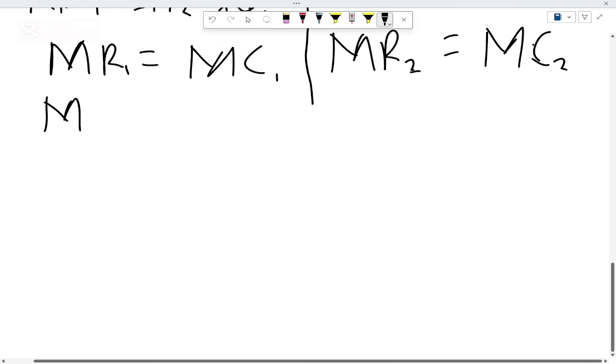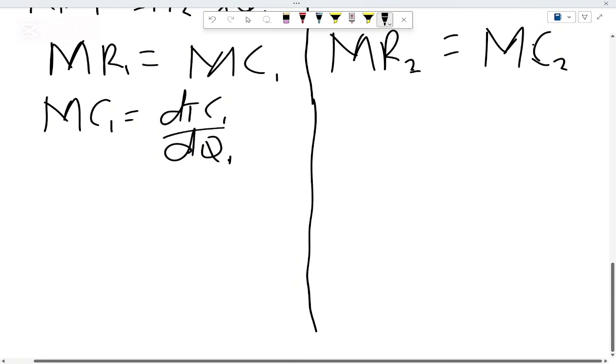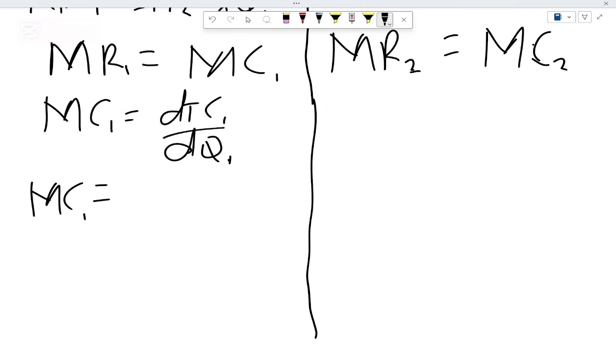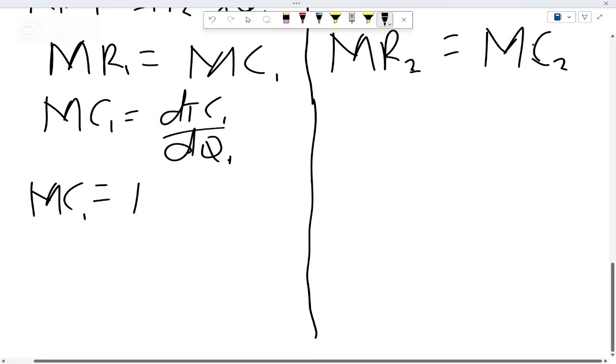So for the first market, MC1, you have to differentiate the total cost function with respect to Q1. So what will you get? You'll be having MC1 equal to, you differentiate 60, it becomes 0. Then you differentiate 15Q1, you'll be left with 15. When you do the same thing here, that is what you are going to get.